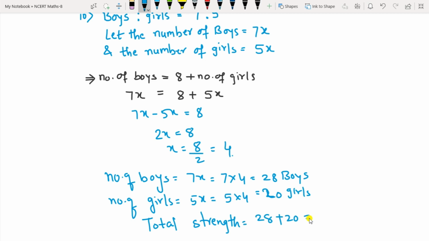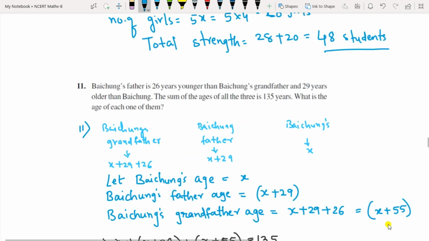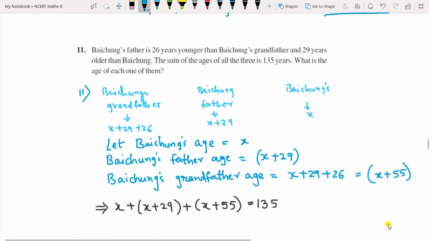So total strength is boys plus girls, that is 48 students. So this is the answer.